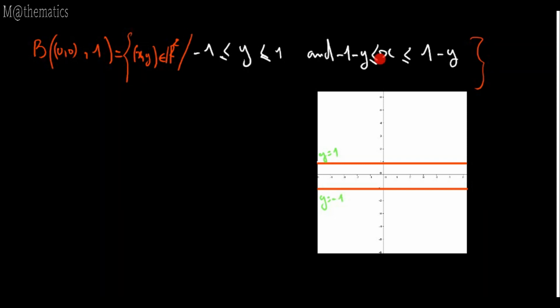Now we will have to draw two lines of equation x equal to negative 1 minus y and x equal to 1 minus y.